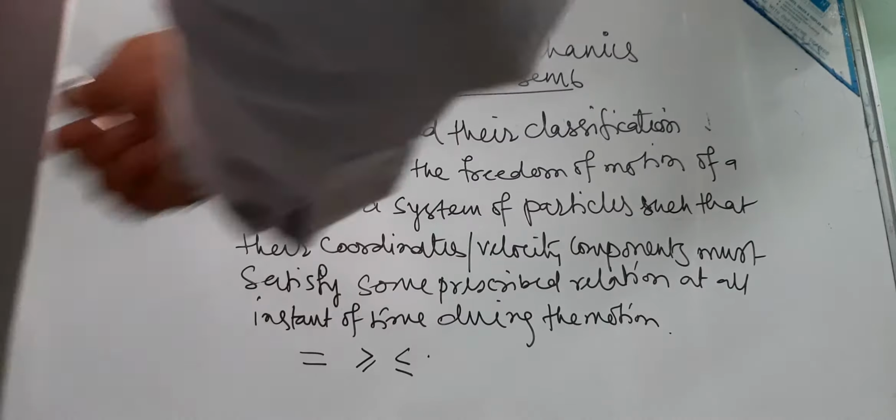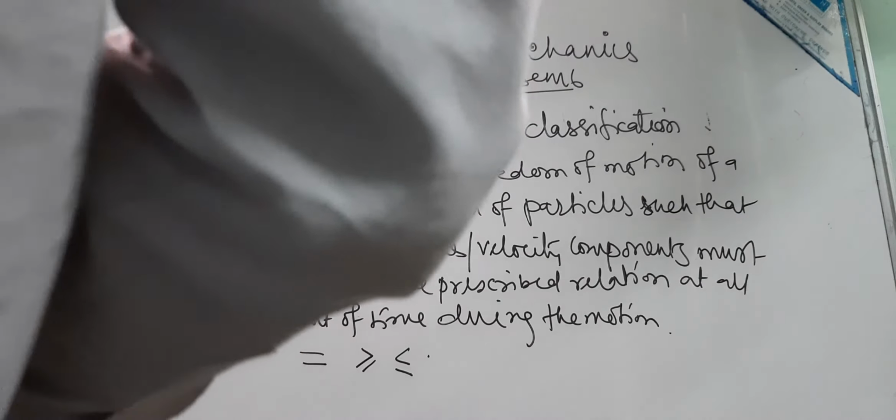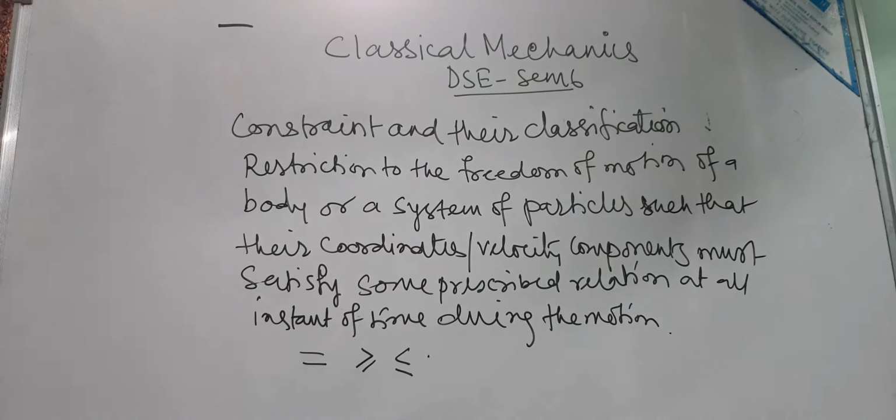Like if we consider a train running along two rails, that is constrained motion in one dimension. So the constrained motion is realized.